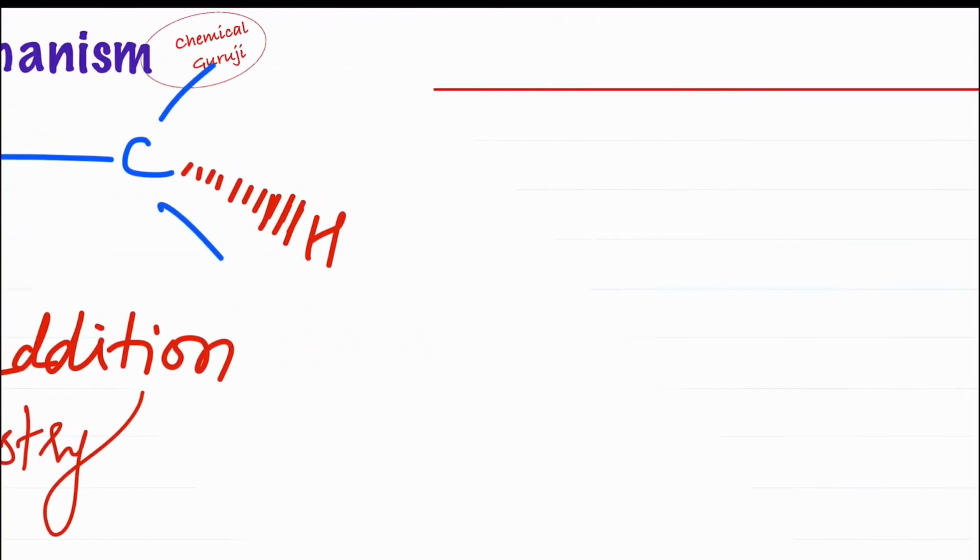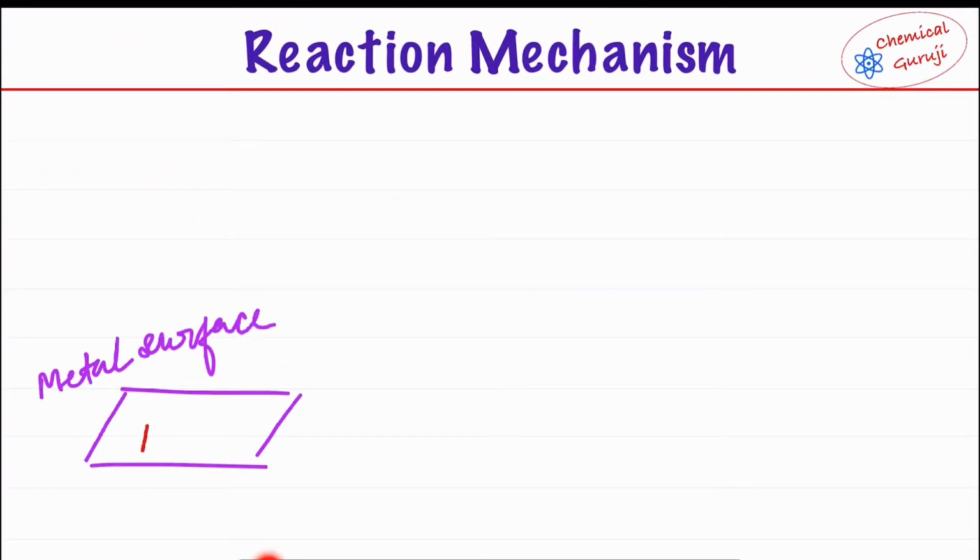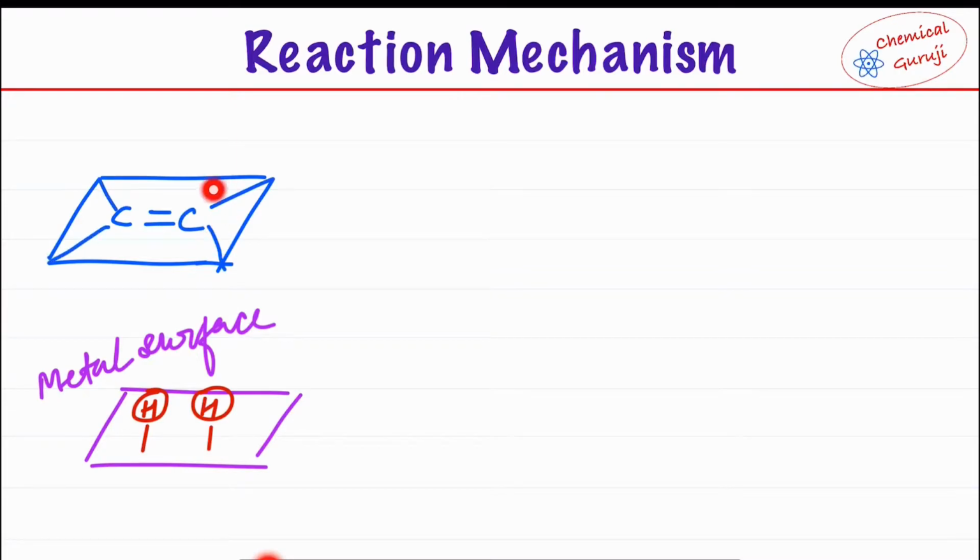Let's see. Let me explain it more. This is the metal surface of the catalyst, and these are the activated hydrogens. Now the substrate, which is the unsaturated hydrocarbon. This is the substrate.